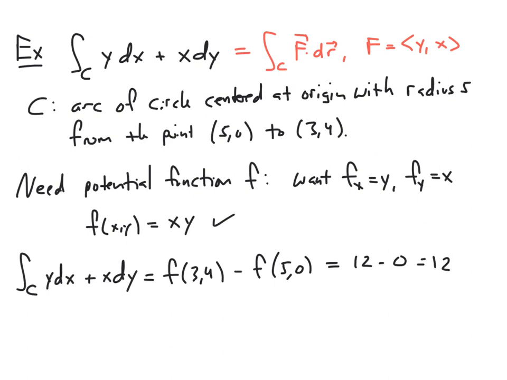Now, we could, of course, do this using just the definition of the line integral by parameterizing this curve C and going through that process. And if you really want to, I'd encourage you to do that. However, if we did do that, the easiest vector function to parameterize the circle at the origin of radius 5 would be given by (5 cosine t, 5 sine t).